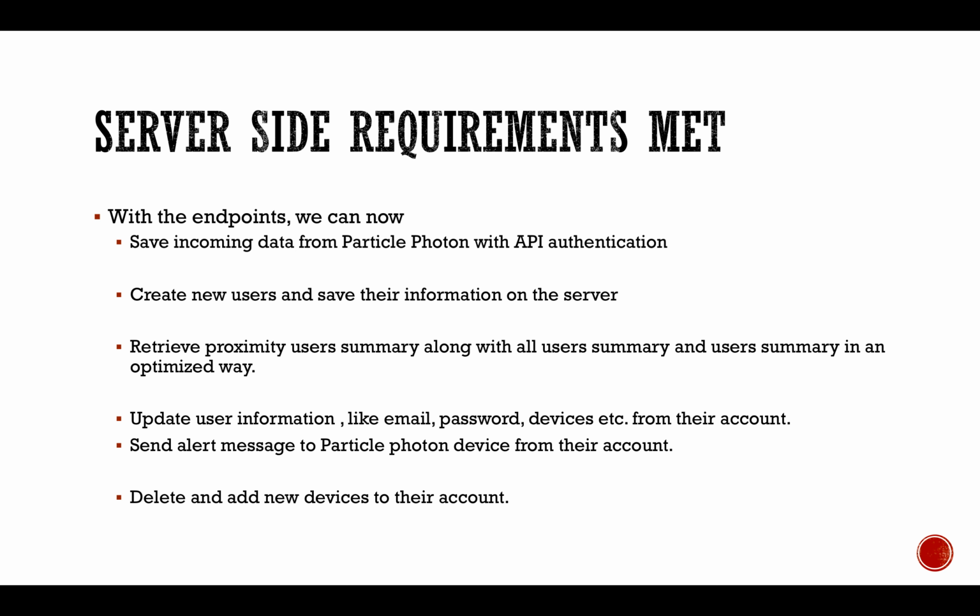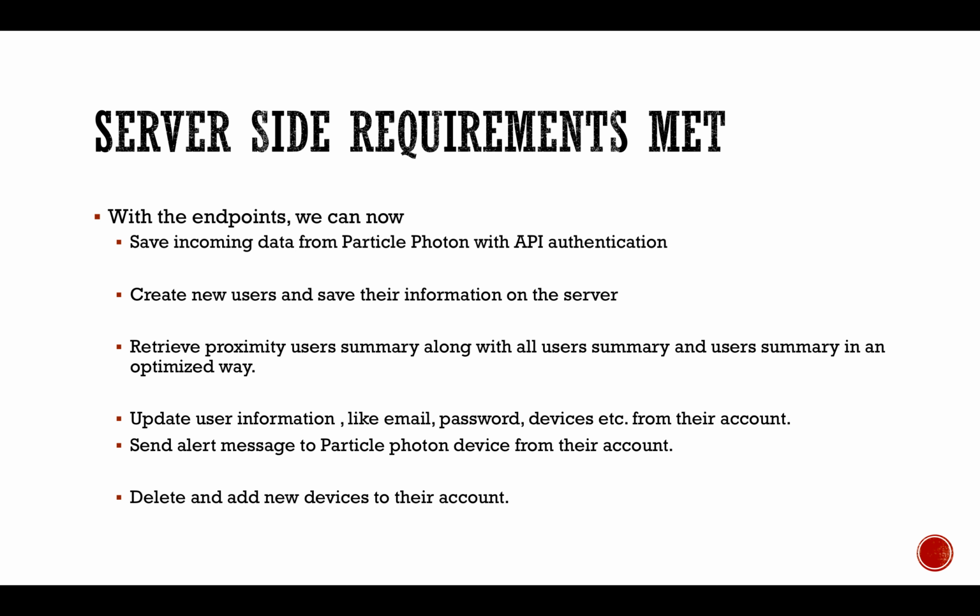We can update their information too. We can retrieve proximity users and all users' data, which can be shown on the user's profile page. We can send alerts to the particle device using their own account, and we can also delete or add new devices in their account.